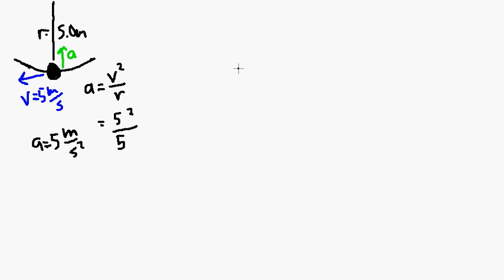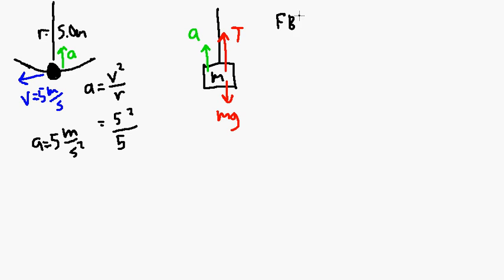Okay, so now let's draw a free body diagram and see what's happening with Luke and Leia. They've got some mass, they're hanging from a cable, and there's cable tension pulling them up, and then there's mg, and we know they are accelerating upwards with acceleration a. There's our x and y.